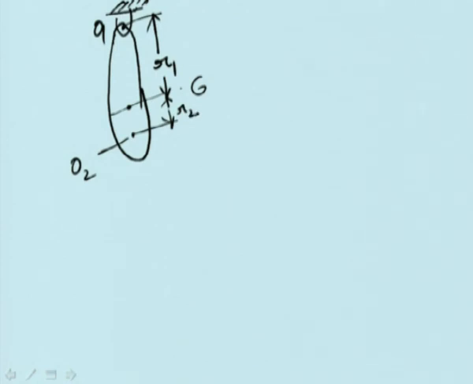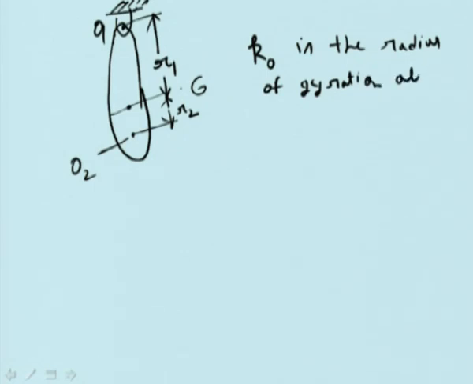In this problem, it is given that KO is the radius of gyration about O1.